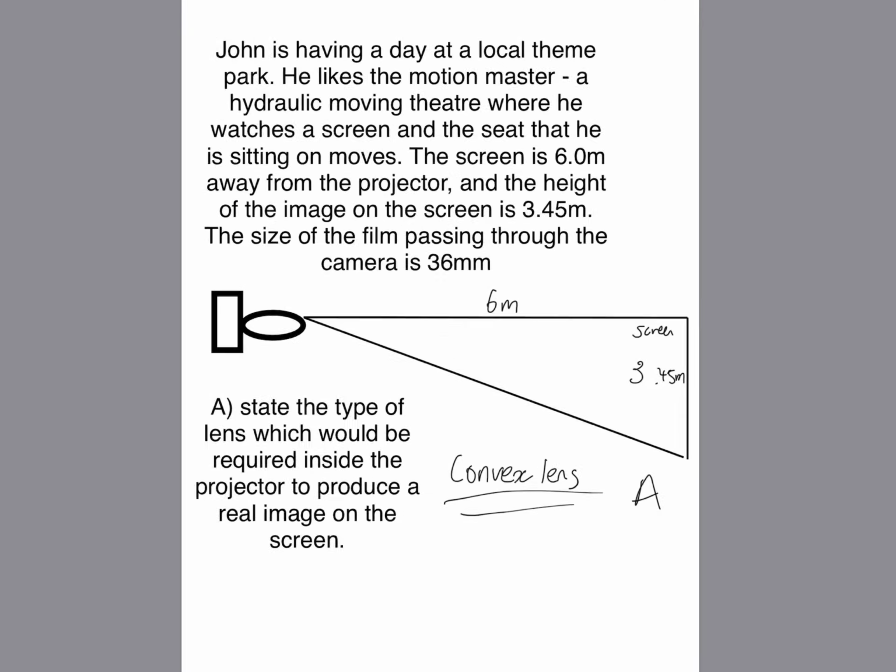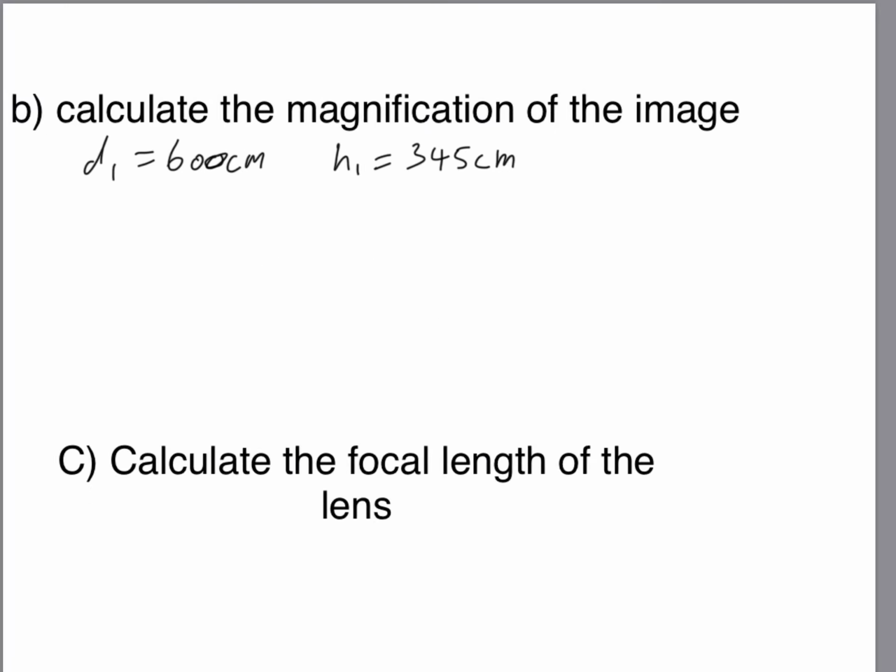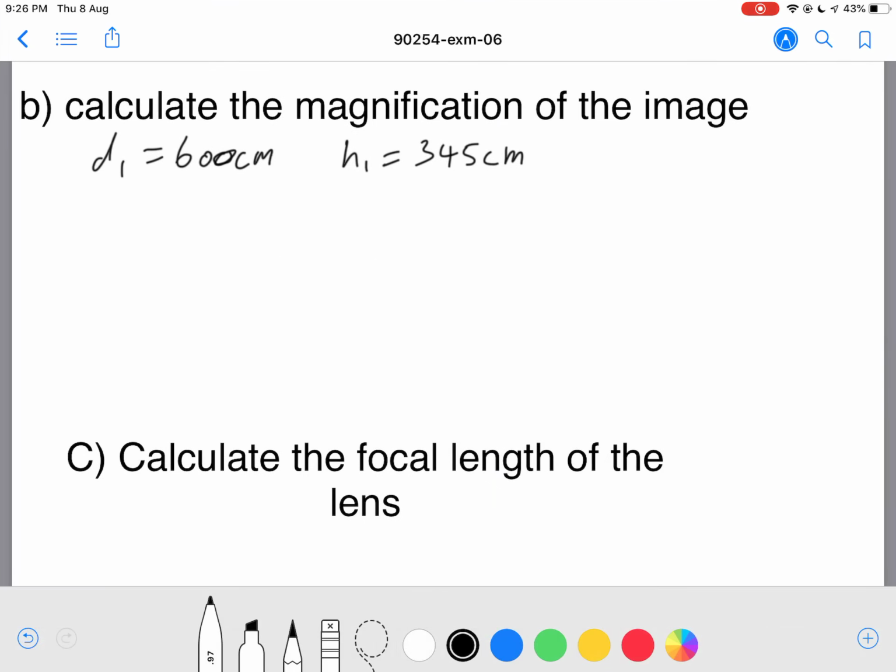We need one more variable: the size of the film passing through the lens. That tells you that's the object, so the height of the object, HO, is 36 millimeters, which converts to 3.6 centimeters.